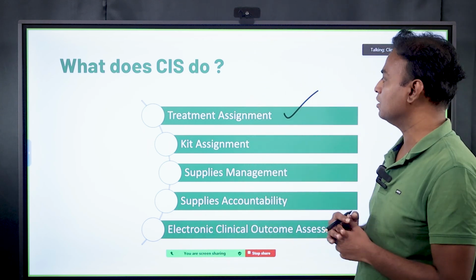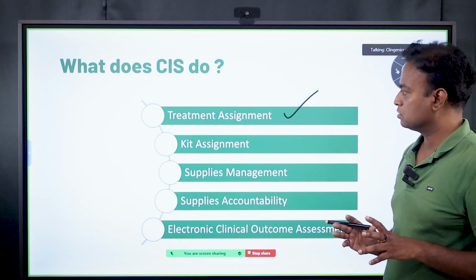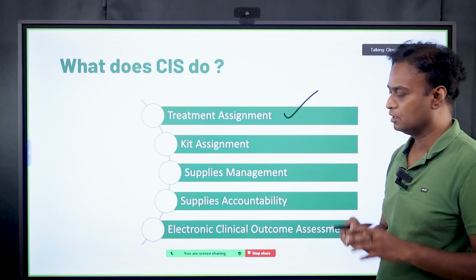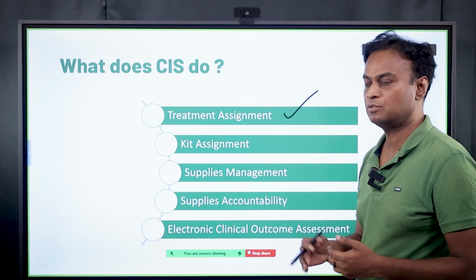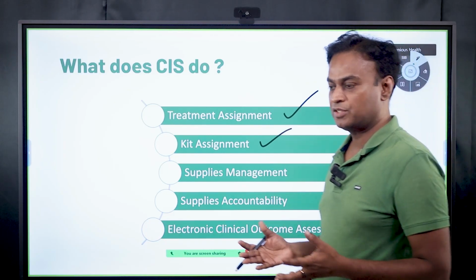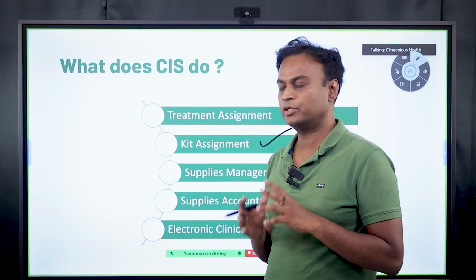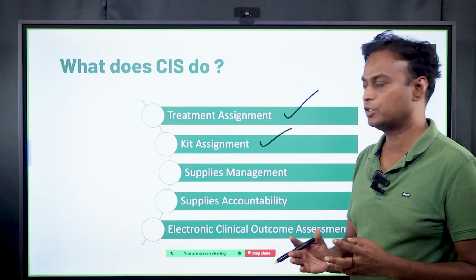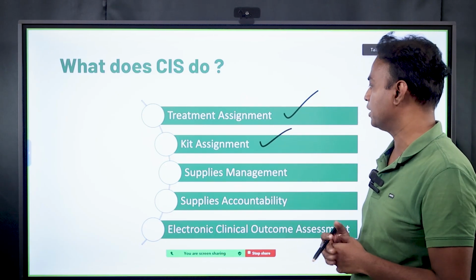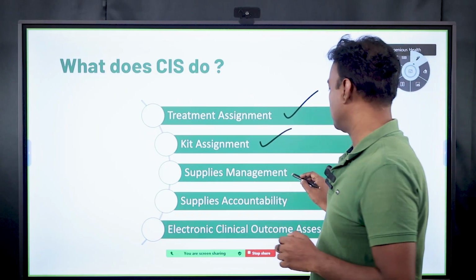Once a treatment group is assigned and a particular visit is considered, it will assign the kits, that is medication, to the patient. Once he is assigned to the treatment group, giving the correct medicine to him is taken care of by the IRT system. And also supplies management.